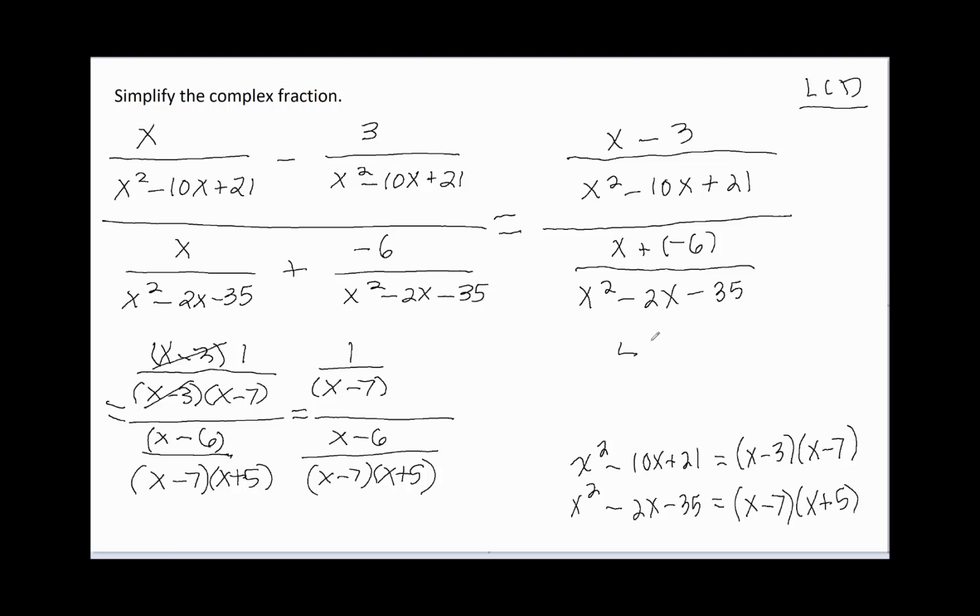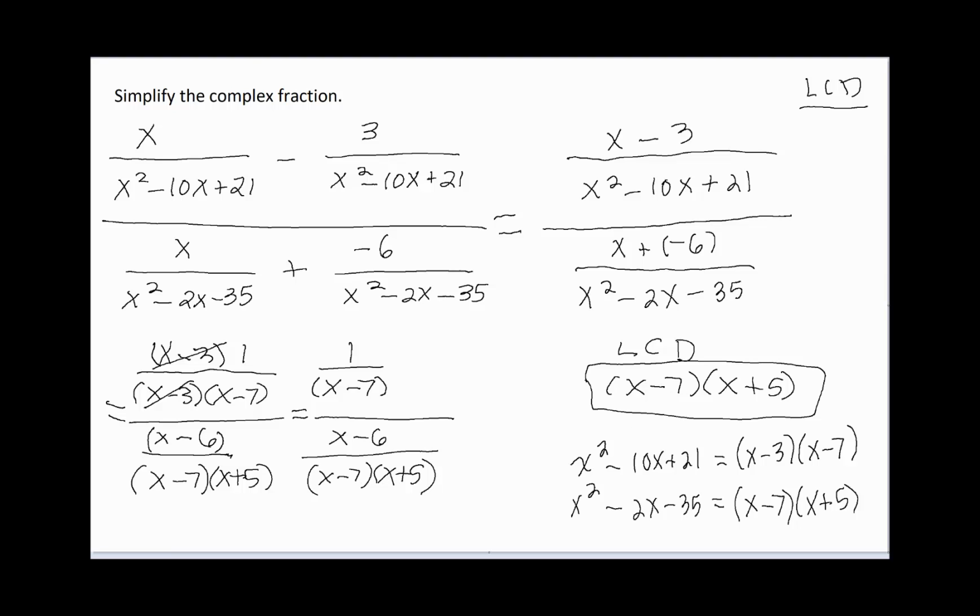So the LCD I need to use is going to be x minus 7 and x plus 5. This LCD has to contain all the factors of the first denominator and all the factors of the second denominator without duplicating. So I don't need two x minus 7 factors because I've got enough to cover it here.